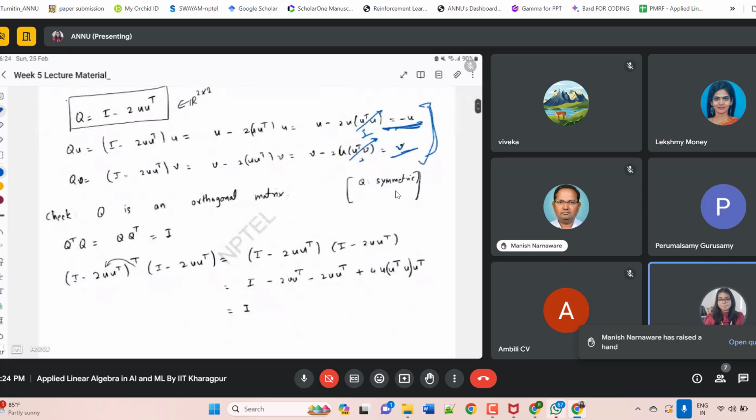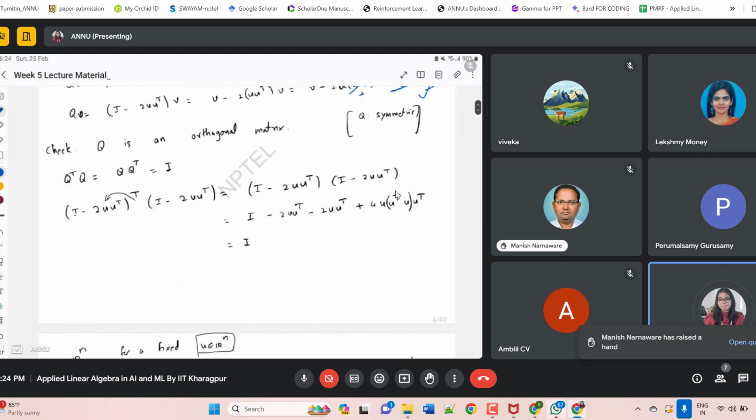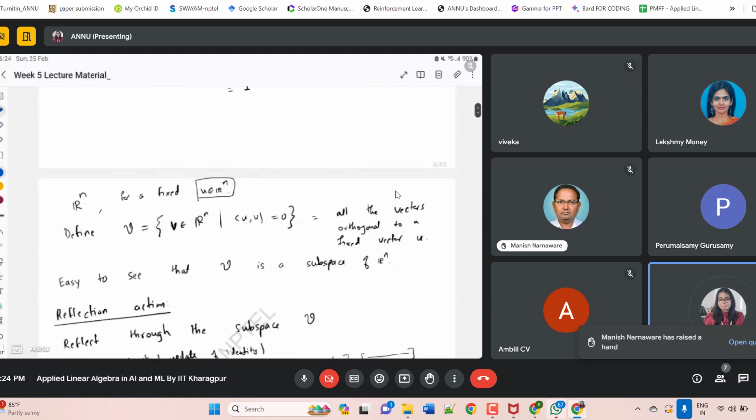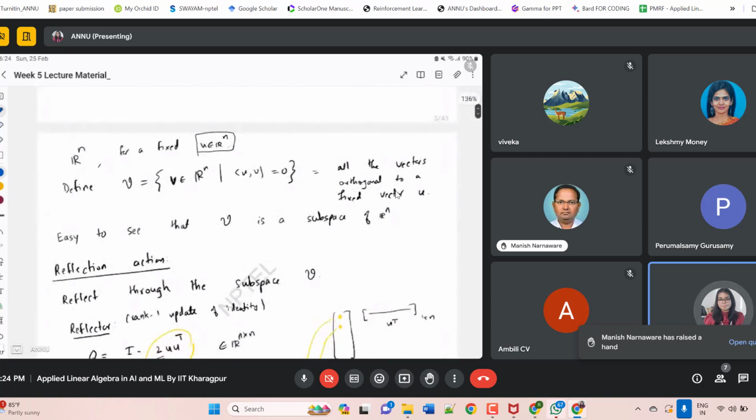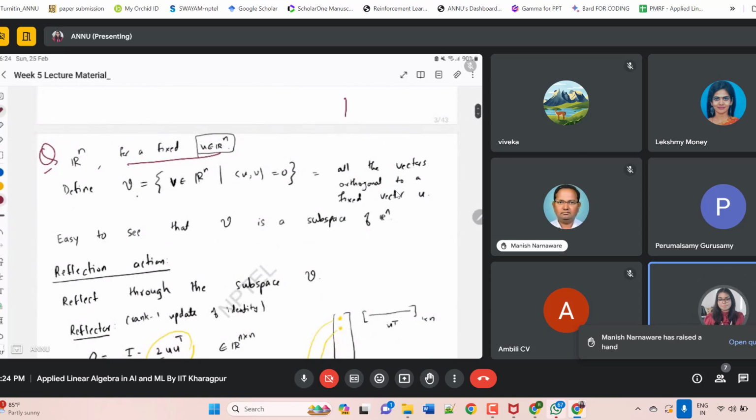Check whether this is an orthogonal matrix or not. You can check directly that it is an orthogonal matrix using this property. Now, in R power n, for a fixed U belonging to R power n, define V as the set of all vectors perpendicular to U, such that V transpose U is equal to 0. We can see this graphically.